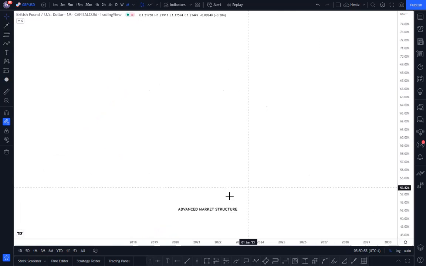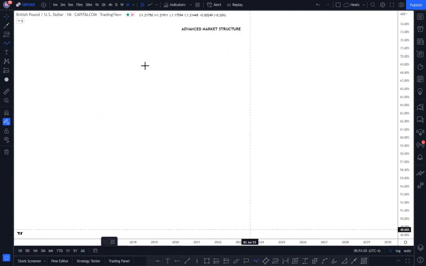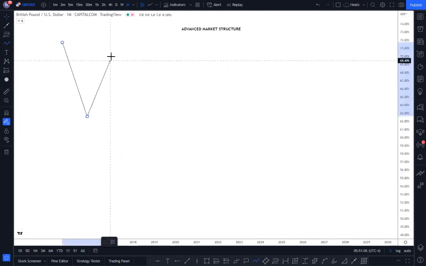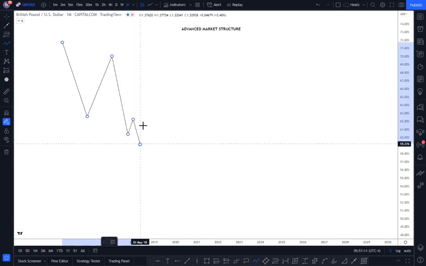Now let's go to mitigation. To understand mitigation, let's say on a bearish market, as soon as price took out this low, it started giving us a range structure. Now this range structure also gave us another sub range structure.